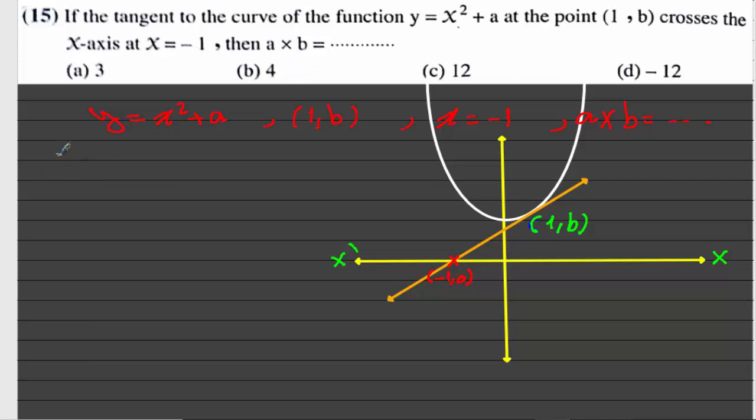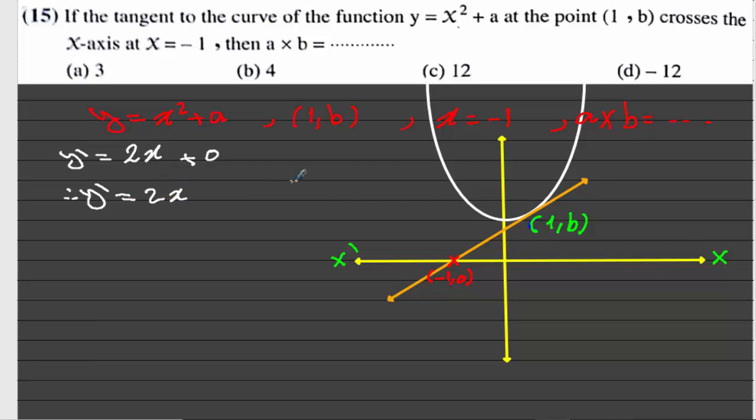We can deduce that y dash equals 2x. Of course, y dash is the slope. It is the first derivative. It is the slope of the tangent, okay? Again y dash equals 2x plus 0, so y dash equals 2x.